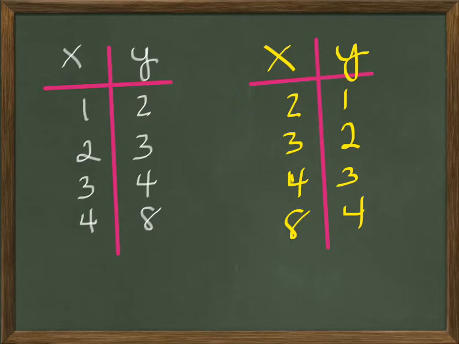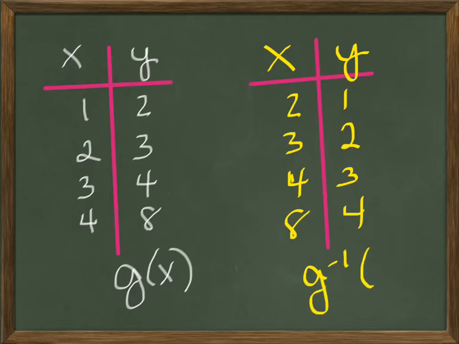And if you notice, each x also is only paired with one y. So therefore, the yellow t-table represents the inverse function of the function in the white t-table. So if this was g of x, then this is the inverse of g of x, and also is a function.